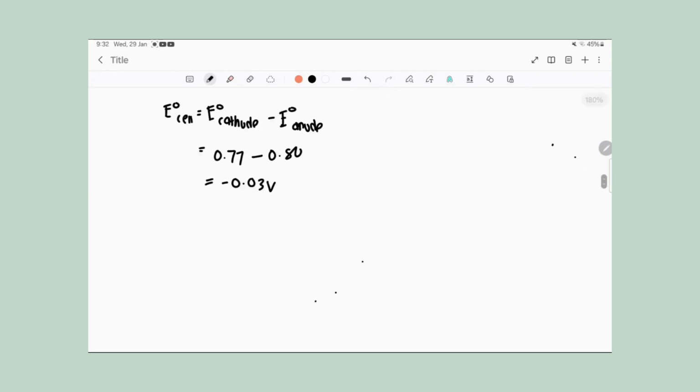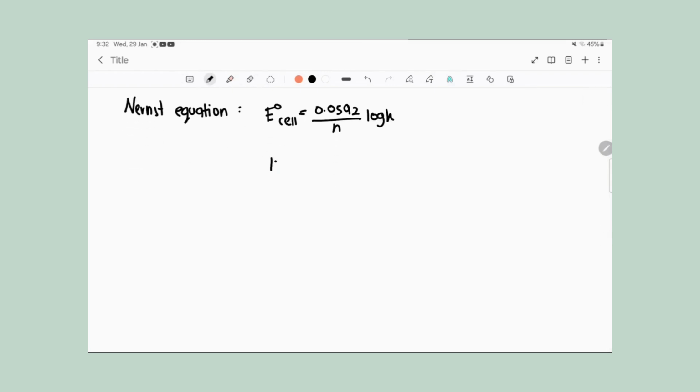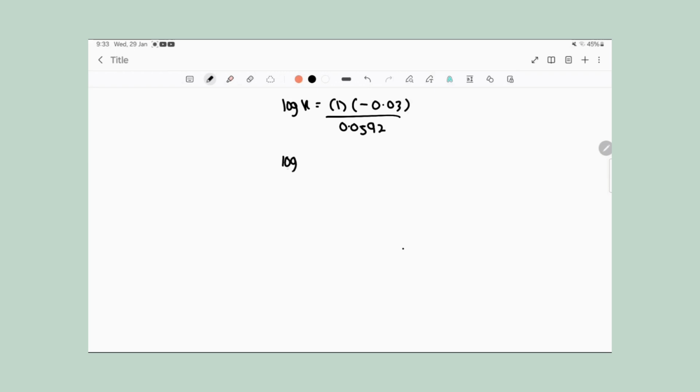In the cell we got negative 0.03 volt, and then we use the Nernst equation to find the equilibrium constant, which is K. The formula is E naught cell equals 0.0592 per n log K. And lastly, we got K equals 0.3113. This is the final answer.